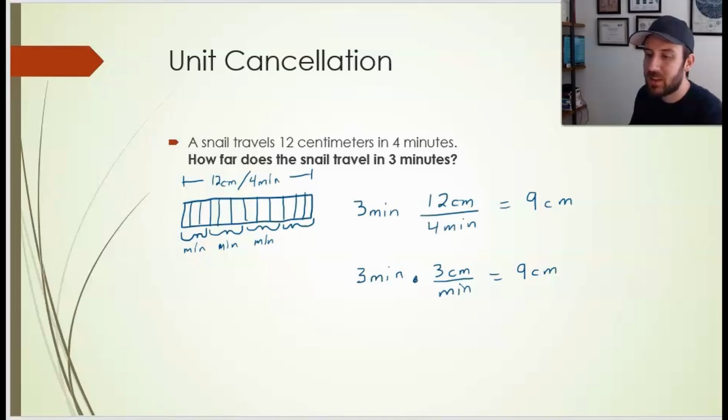So we'll put a multiplication symbol here, and we'll double check that the 3 minutes times the 3 centimeters does in fact get us 9 centimeters, and that makes sense. So this fraction was just our way of dividing up the picture so that we could figure out how many centimeters there were in 1 minute. The 3 minutes that we're multiplying by is talking about how many repetitions of that chunk, 1 repetition here, 2 repetitions, and 3 repetitions of that chunk, that get us the total amount we're looking for.